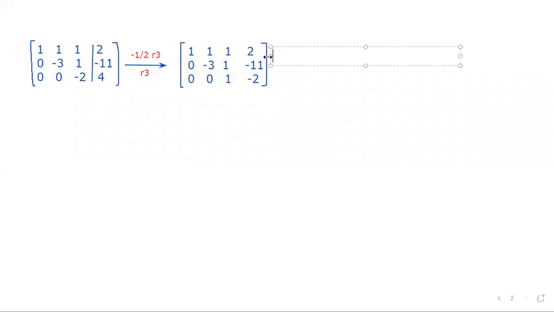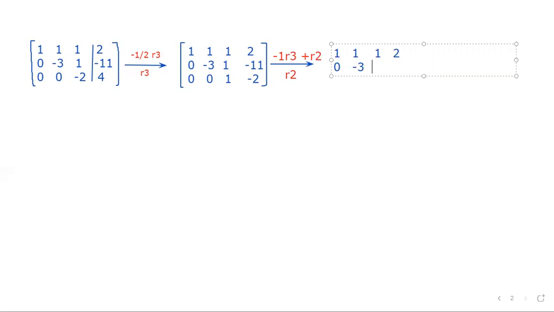I'm going to say negative 1 row 3 plus row 2. That's going to give me a new row 2. All right. We leave this row alone, of course. Now, 0. This is going to be a negative 3.